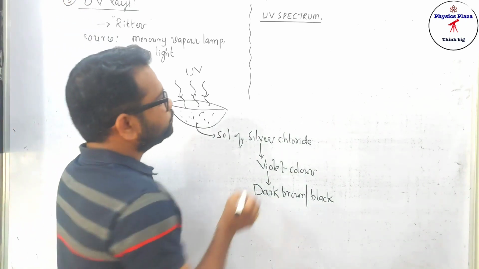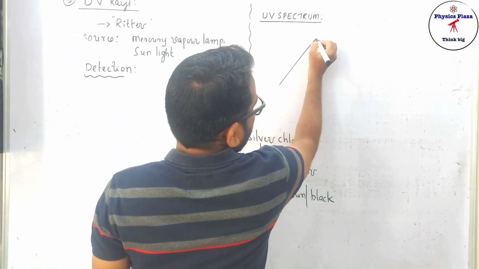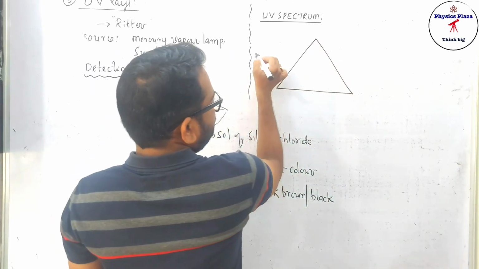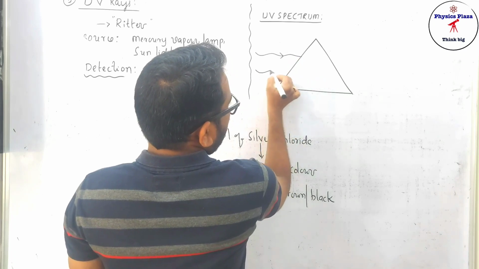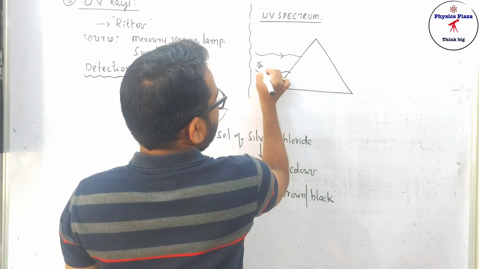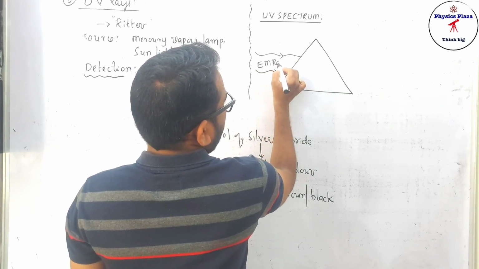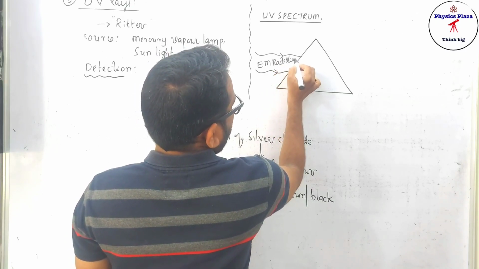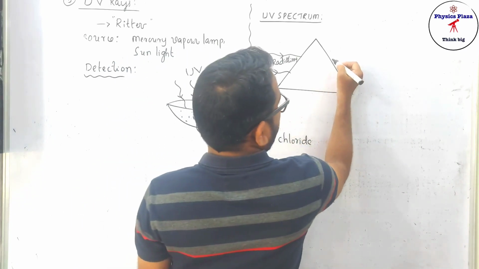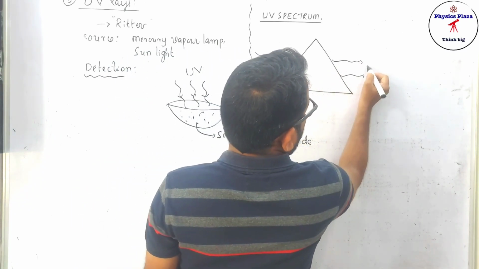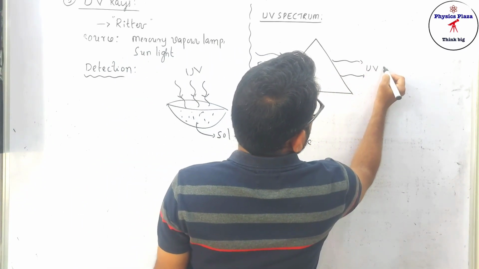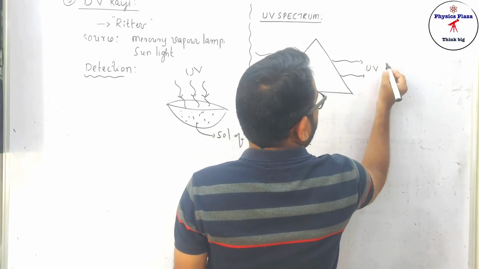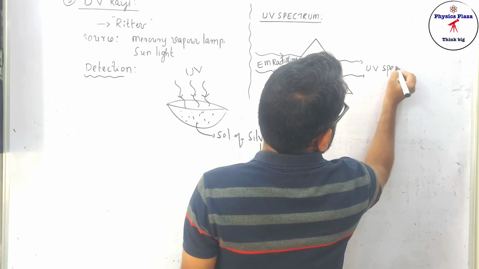Okay, fine. UV spectrum. Children, let me give you one simple clarity. Let us say one prism. For suppose all electromagnetic radiations are allowed to pass through this prism, and surprisingly here we get the UV spectrum only.